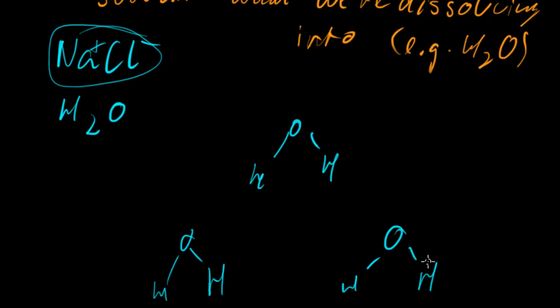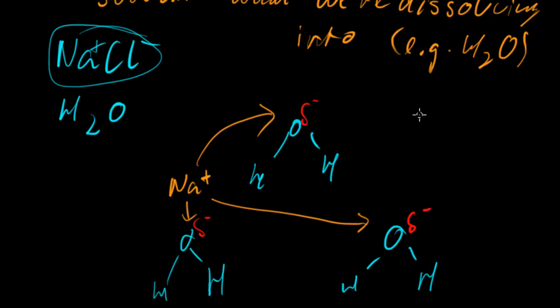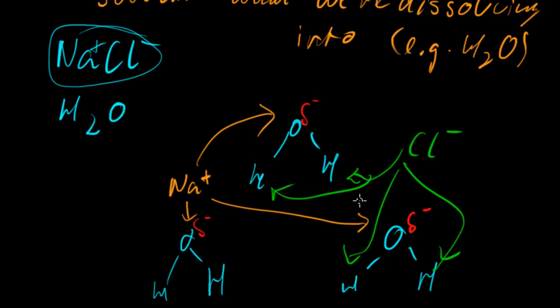I'm not going to draw all of them, but I'll just draw the oxygen charge, and because we have sodium and chloride ions, here the sodium ions are going to be attracted to the oxygens, and the chloride ions, which I'll do in green, are going to be attracted to the hydrogens because the hydrogens are slightly positive.